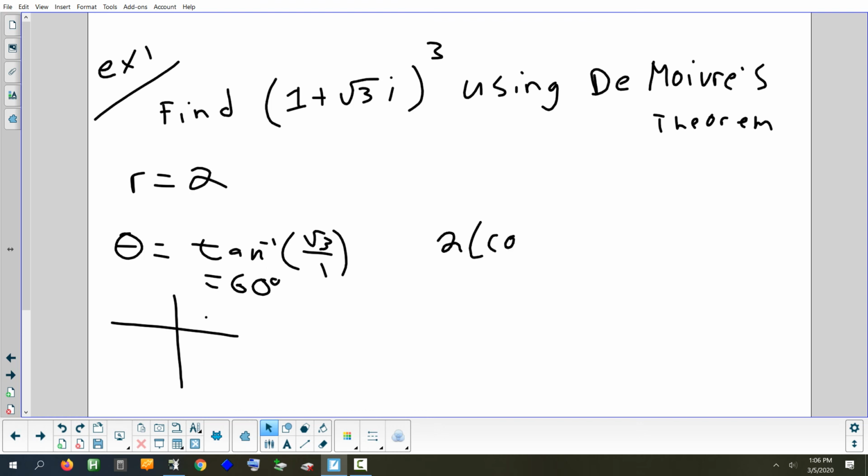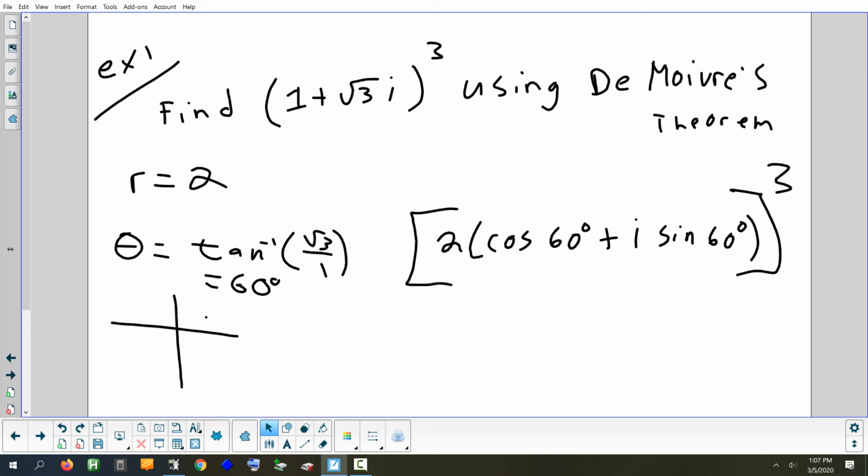R cosine 60 plus what? I sine 60. And we're taking all of that and cubing it. So when you cube that, what's your radius going to be? 8.